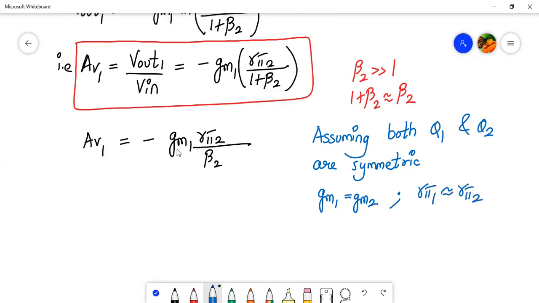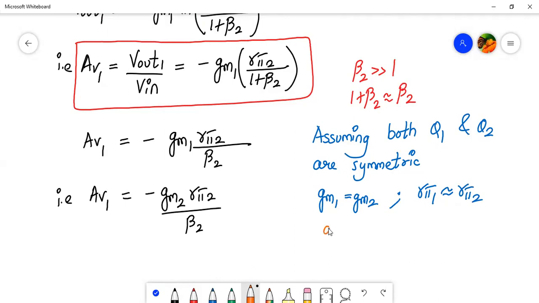So we can do the following changes in the same expression. AV1 can be approximately written as GM2 into R pi 2 divided by beta 2.